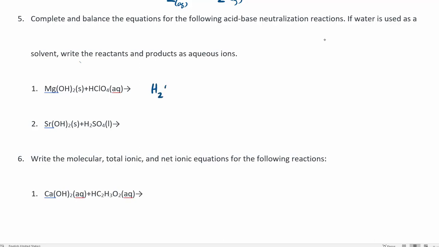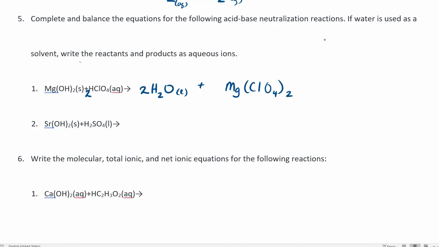We have water, which is a liquid, and we have our salt. So we're going to have our magnesium and our 2 perchlorates. Now we need to balance. So I'm going to put a 2 here, and let's see, 2, 4, a 2 here. And then we have our balanced reaction.